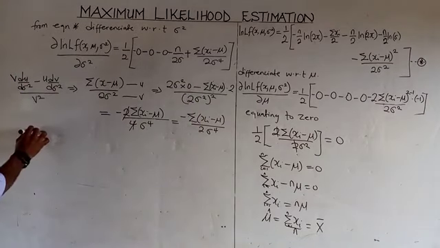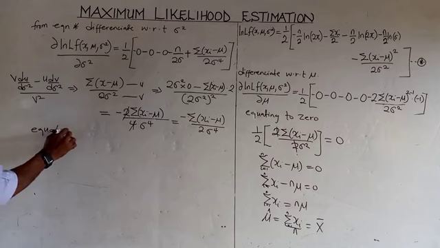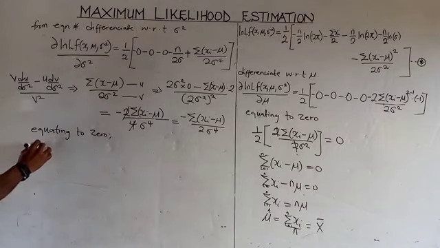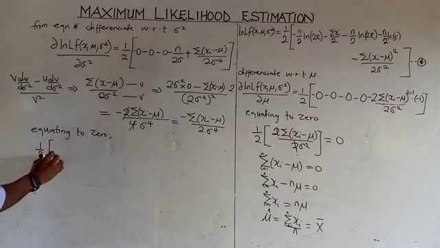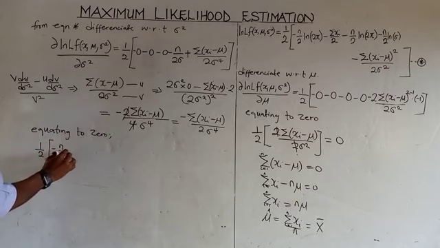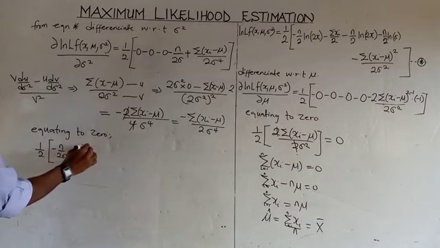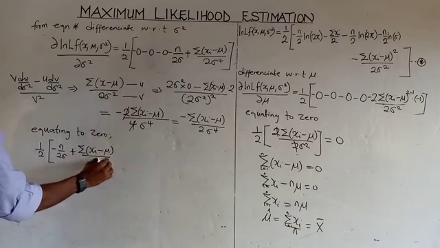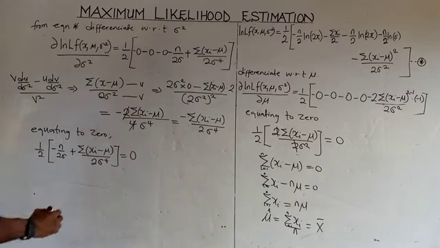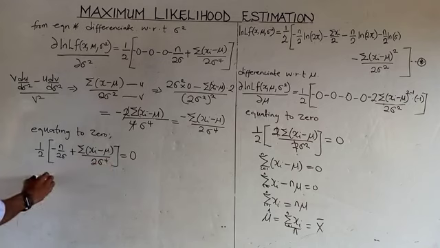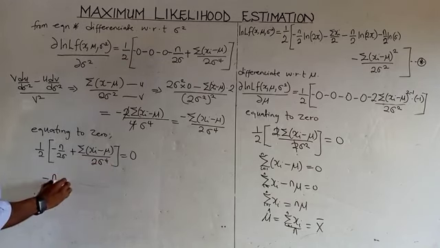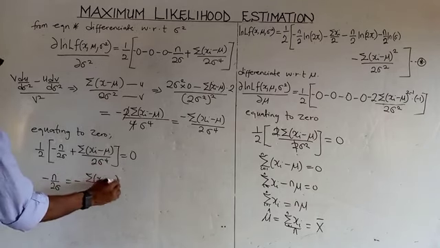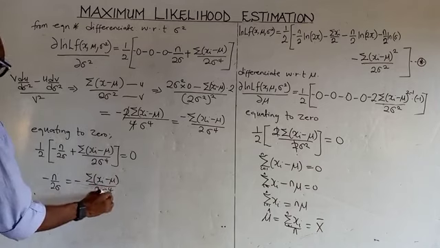So equating to 0, we have 1 all over 2, minus n all over 2 sigma plus summation of xi minus mu all over 2 sigma 4 is equal to 0, which implies that this is 0, so we have minus n all over 2 sigma is equal to minus, if this goes over here, summation of xi minus mu all over 2 sigma 4.